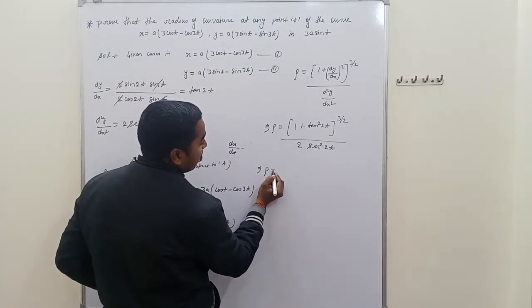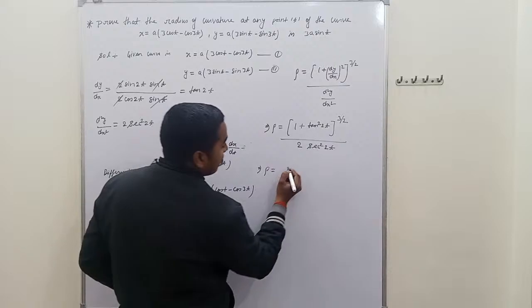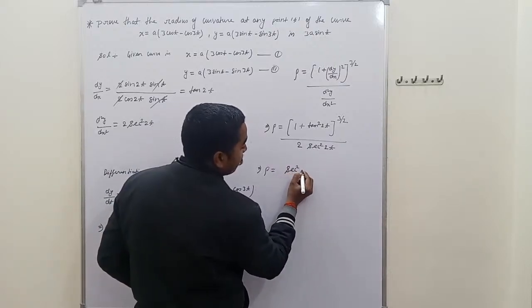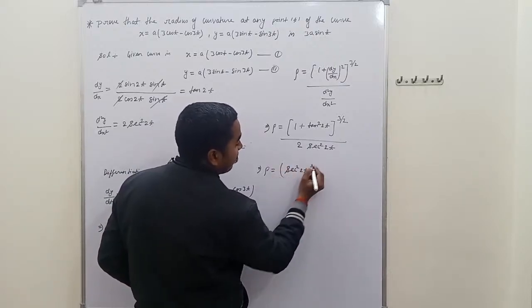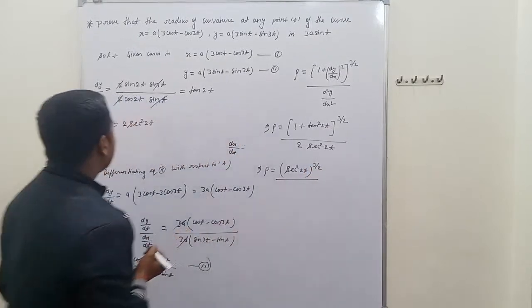This is the radius of curvature. 1 plus tan square 2t is given by sec square 2t, so this is (sec square 2t) whole power 3 by 2 upon 2 sec square 2t.